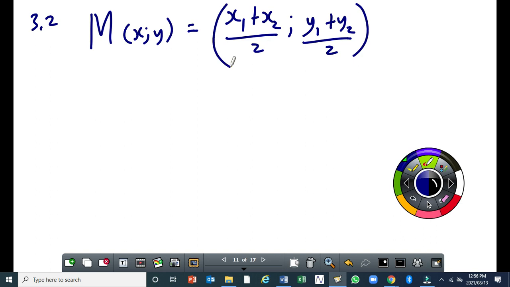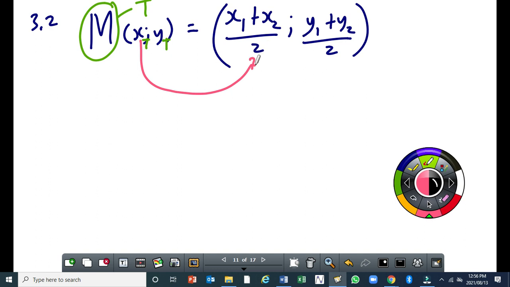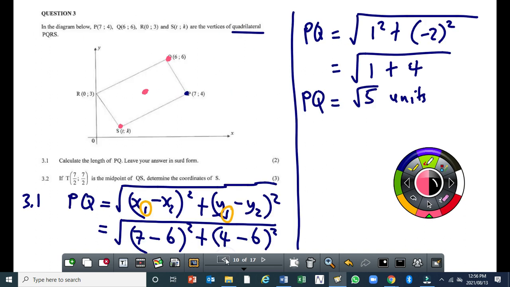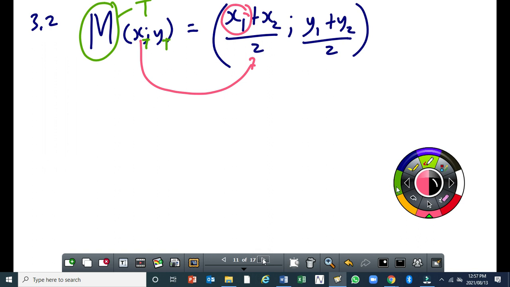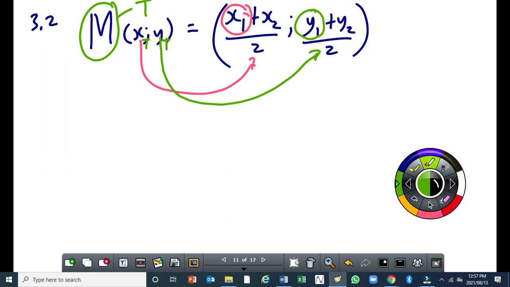I want you to be aware that for our question, this x here is actually xt and this y here is yt, and this M here is T. So we equate this xt to that, whereby we substitute the value of x at Q, and furthermore we equate this yt to that, where we substitute the value of y at Q.